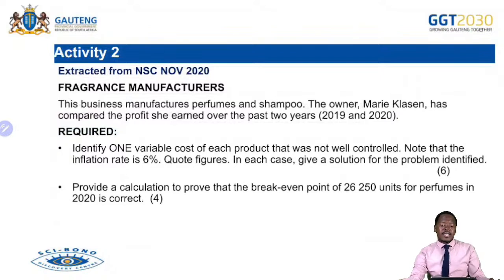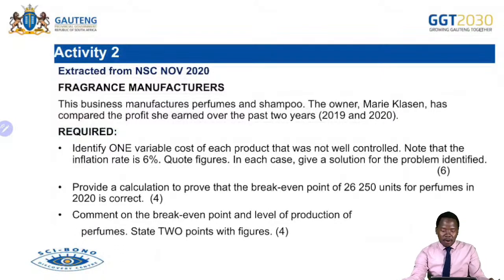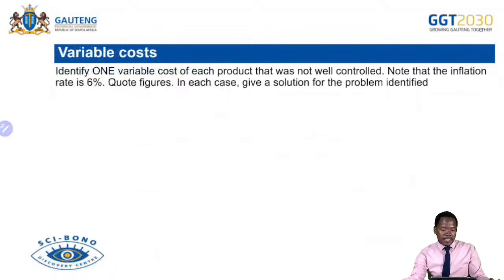Note that the inflation rate is 6%. Quote figures in each case and give a solution for the problem identified. So it's 6 marks. Then provide a calculation to prove that the break-even point units for perfume is correct. That is 4 marks. And then we calculate the break-even point and the level of production of perfume, state 2 points with figures, and comment on that. That is 4 marks.